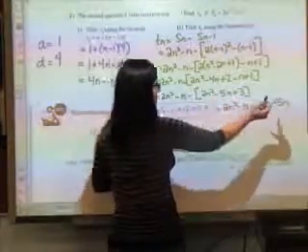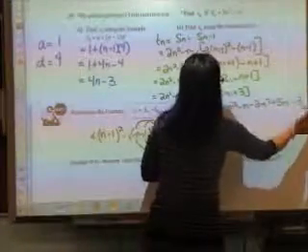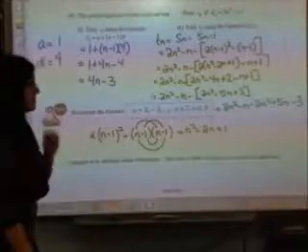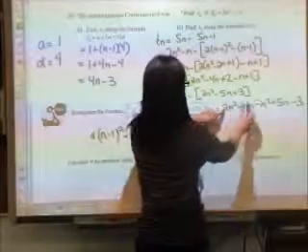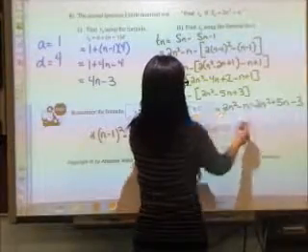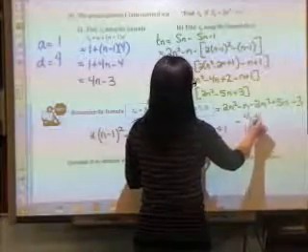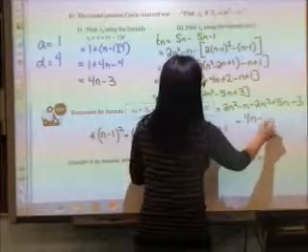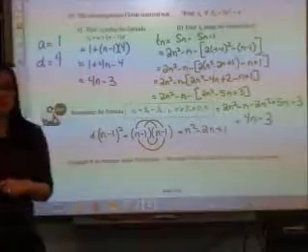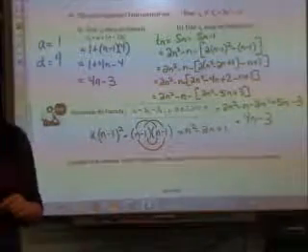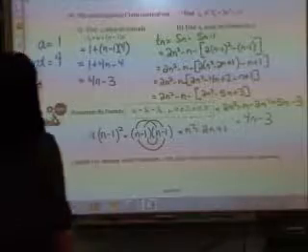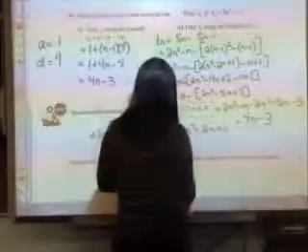And negative of the positive 3 would become a negative 3. Collect my like terms. The 2n squareds would cancel. The negative n and the positive 5n would give me 4n minus 3. I get the same result, which I should.